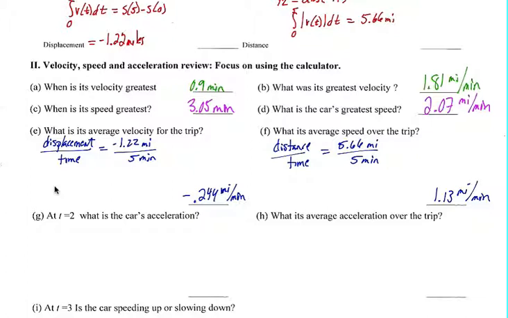Last couple questions here. At time equals 2, what is the car's acceleration? Well, the graph up the top there is velocity, so we're looking for the derivative of the velocity. So if we're looking for acceleration, we're looking for the derivative of the velocity function, which was the y1 function.